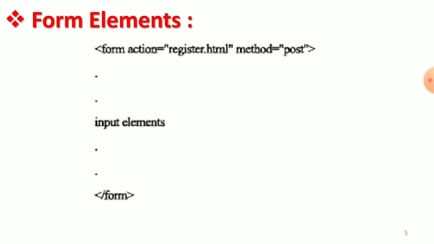The data is included in the body of the request. This method does not have any restrictions on data length. The default value for the method attribute is get. There are two types of method: first is get and second is post method.